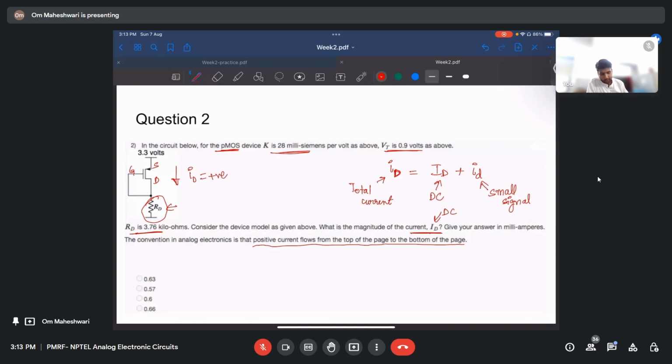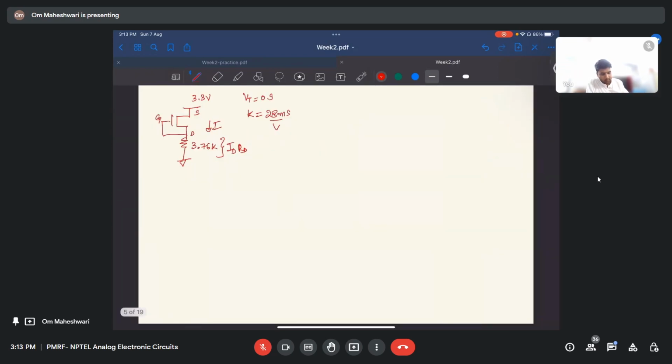So we just have to find ID. Let us see how we will do that. This is the same diagram and we have to find this I. We are given this resistance value RD.